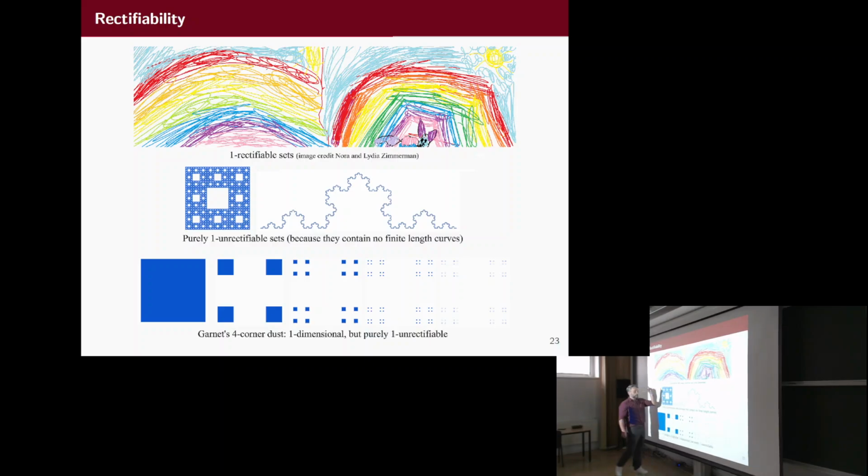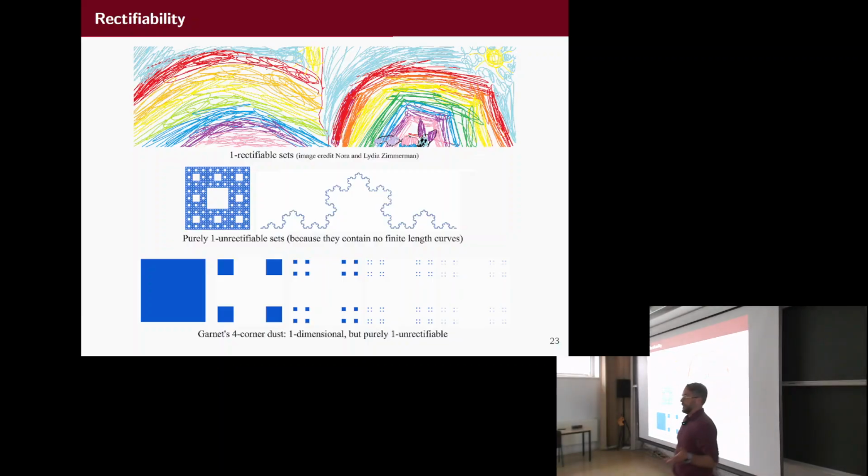And what remains has Hausdorff dimension 1, but it is purely one unrectifiable. In the sense of the one-dimensional Hausdorff measure, it doesn't see Lipschitz curves. So that's a very interesting example. These other guys have dimension larger than 1. If you kept going with this, dimension 1, but it doesn't see any Lipschitz curves. So very interesting. Okay.